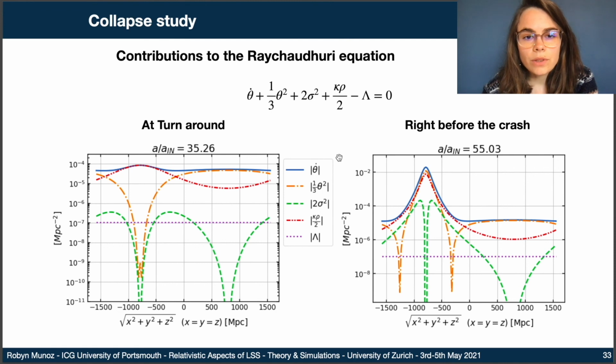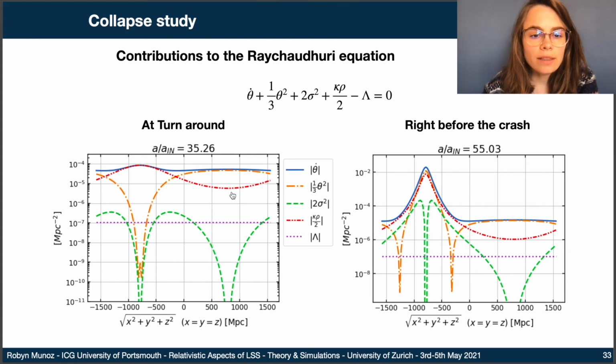Another way to look at what is happening around the peak of the overdensity is to consider the contributions to the relativistic equation. They are plotted here along the diagonal going directly through the simulation box, such that if you look at the red term, you have the overdensity on one side and the underdensity here.